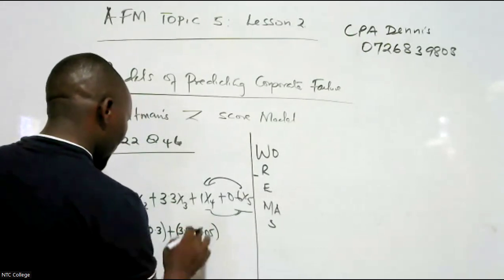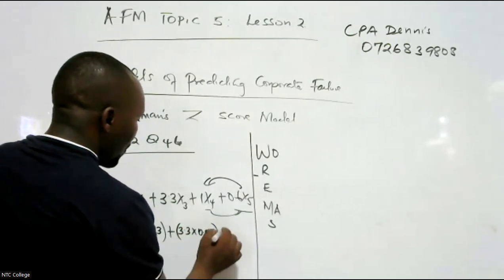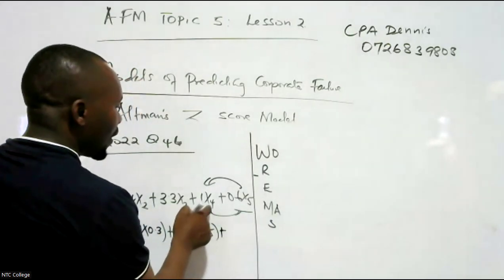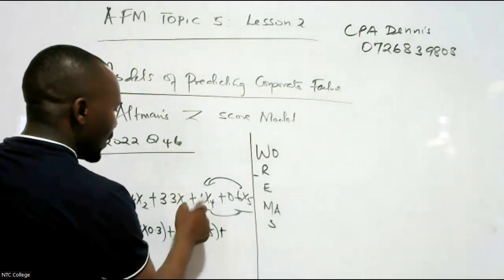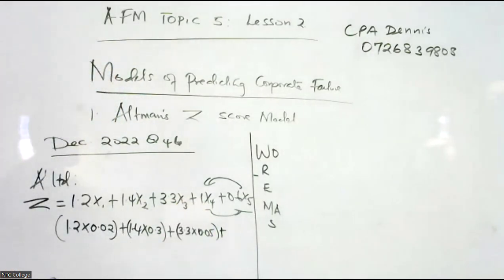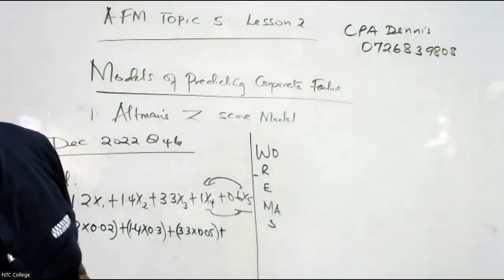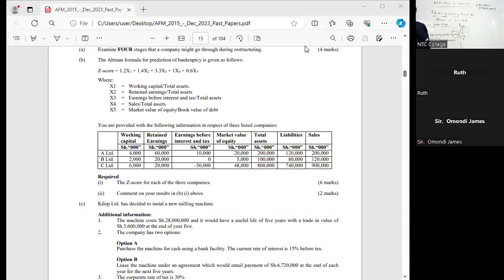Plus, now this one I told you they have changed it. So we start with the sales. Clear? Sales over total assets. Total assets we know is 200. But what is sales? Sales is 200. So it is 200 over 200. Is it correct?